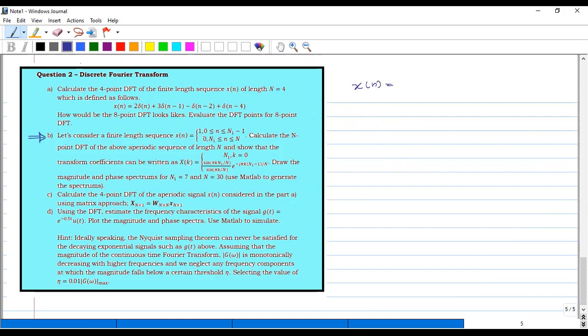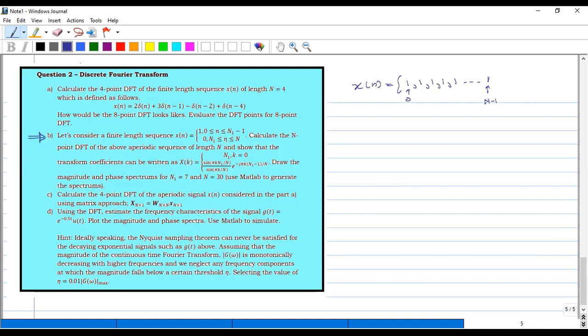It is said that when n is greater than or equal to 0 and less than or equal to N minus 1, there will be 1. So you will have 1, 1, 1 like this up to the N minus 1 point. So this point will be N minus 1, this will be 0. From 0 to N minus 1, you will have 1.